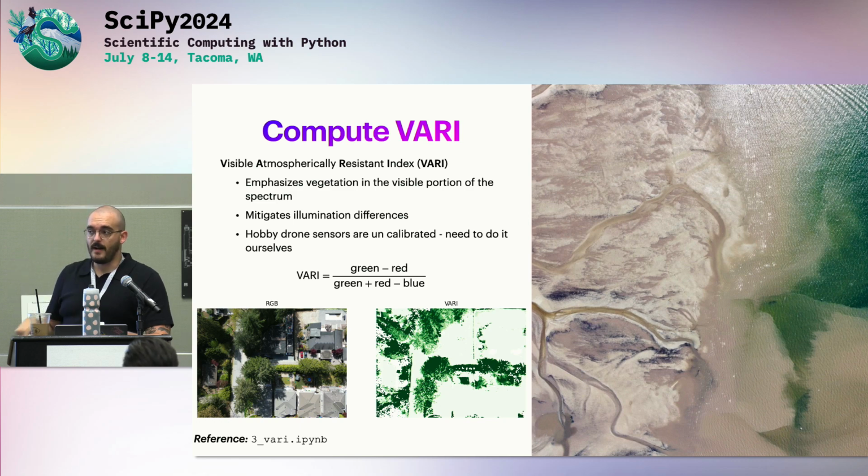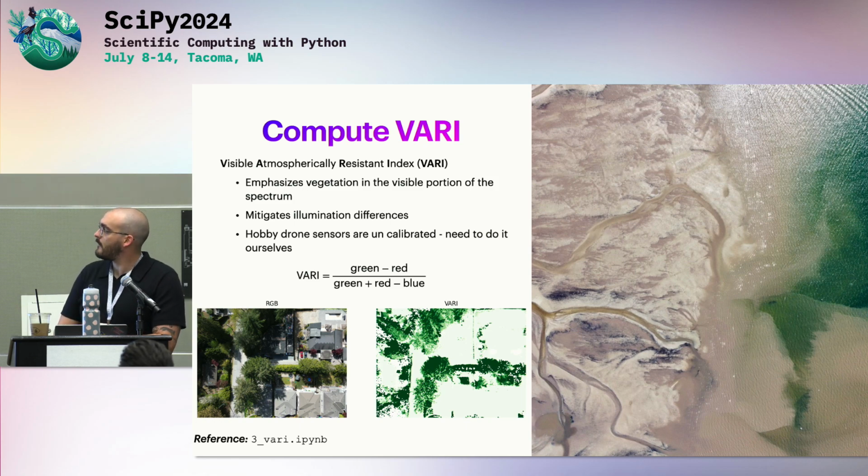It does pretty well if you control for a few things, which we'll talk about in a minute. Basically, we're going to control for the time of day, the lighting situation, those sorts of things. And then from that, we'll be able to extract just the pixels that are likely associated with vegetation.